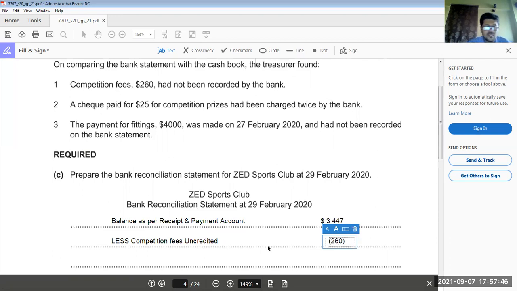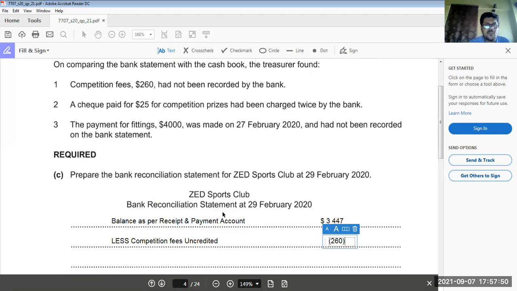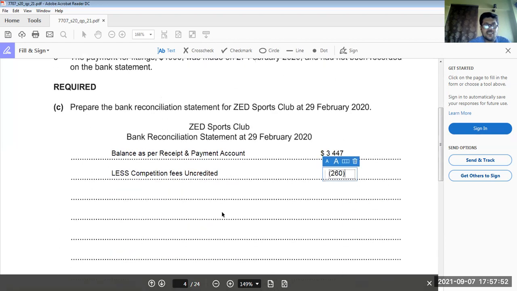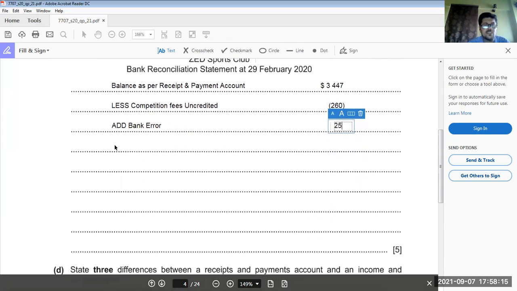Done? Okay. Second item, a cheque paid for 25 for competition had been charged twice by the bank. This is the error of the bank and it's going to be added. You can write add bank error. It's going to be added. Then the payment for fittings of 4,000 made on 27 had not been recorded. This is unpresented cheques. This is going to be added.